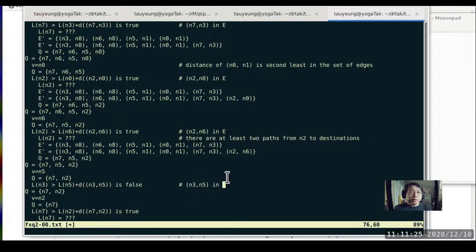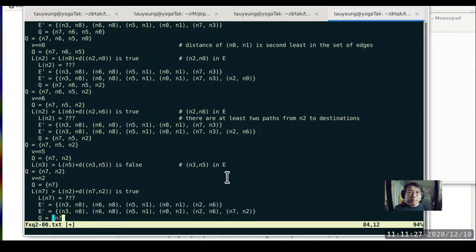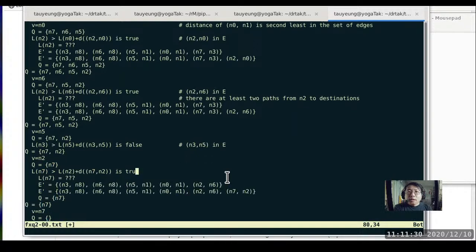That tells us about ordering. And here we have a new edge, N7, N2 is in E, and that helps us find a shorter path for N7 to get to a destination. We'll come back and reevaluate these things later on. We have not evaluated any additional edges at this point.